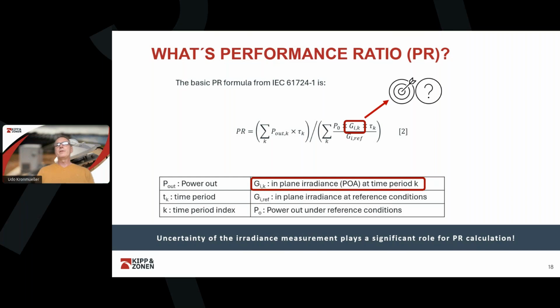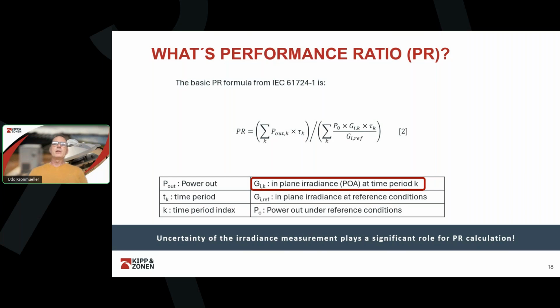So before we dive deeper into this uncertainty consideration, let's first of all have a close look at how performance ratio is defined. And here on the slide, you can find a formula from the IEC standard.